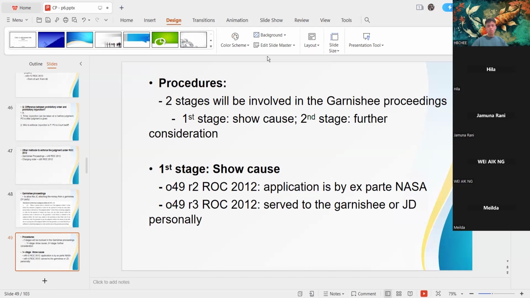In a garnishee proceeding, there are two stages involved. The first is show cause. The second is further consideration. In the first stage, show cause, under Order 49 Rule 2, the application is by an ex parte notice of application supported by an affidavit.